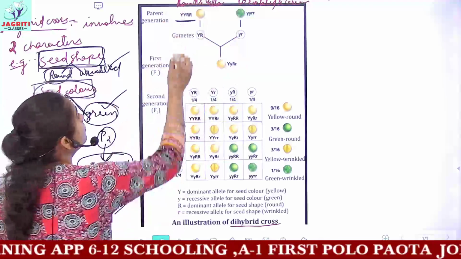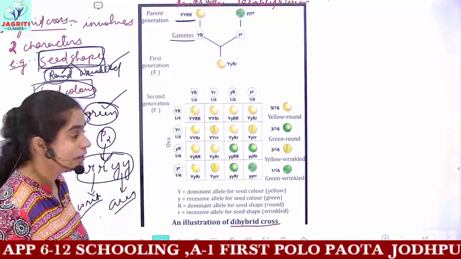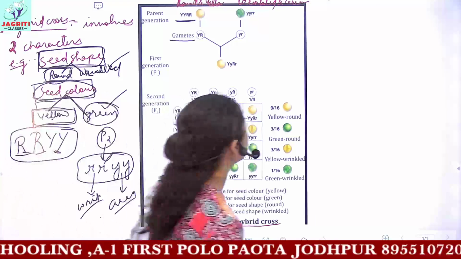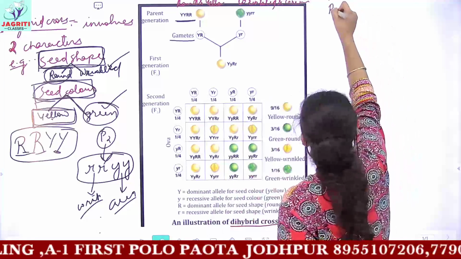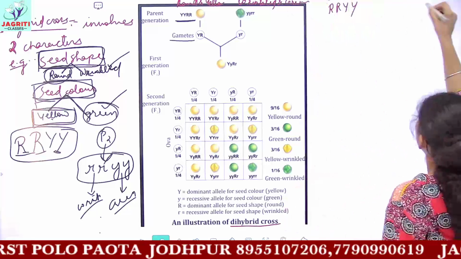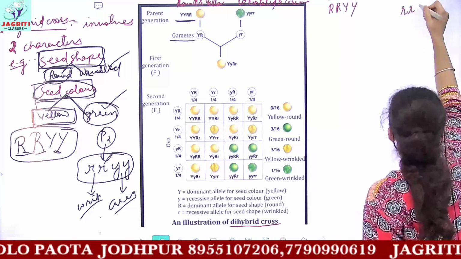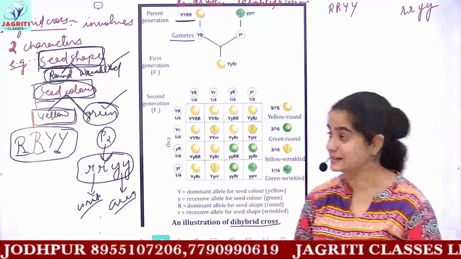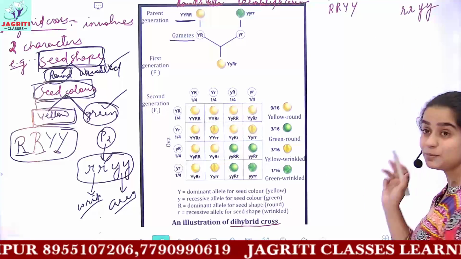Now we have the formation of gametes. So how do you form the gametes from the parents? The parents were capital R, capital R, capital Y, capital Y, and the next parent was small r, small r, small y, small y, containing alleles. So now we have the formation of gametes.